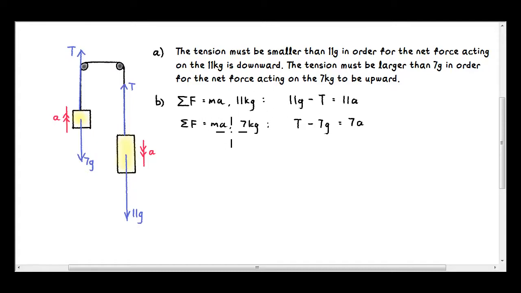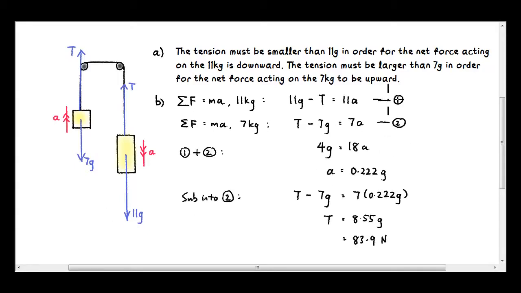We do the same for the 7 kilogram block. For the 7 kilogram block, the acceleration is upward. So we take the upward tension minus the downward gravitational pull and we equate it to the 7 kilogram block's mass times its acceleration. And the rest is mathematics.